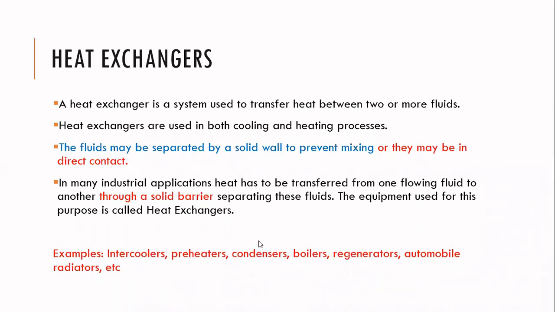Then one part of any Rankine cycle is a condenser. Boilers are used to convert saturated liquid into steam. Again, regenerators are also used in Rankine cycle power plants, or maybe gas cycle power plants. These components are also used in different refrigeration cycles.